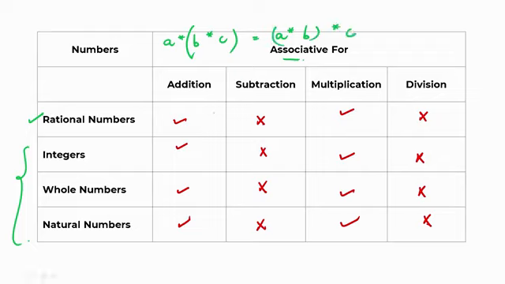So this is the property for associative property. This is the equation which we write. Now what if I actually verify this property for natural numbers, then whole numbers and then integers, and let's see how things go.